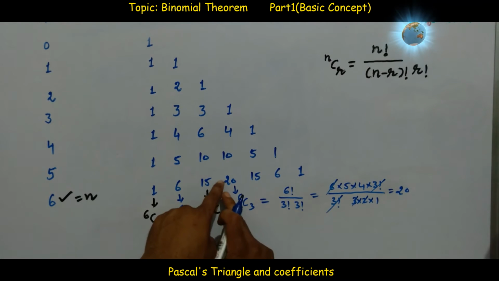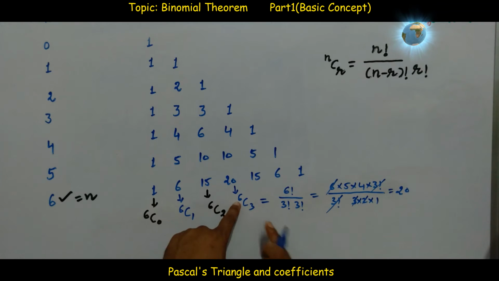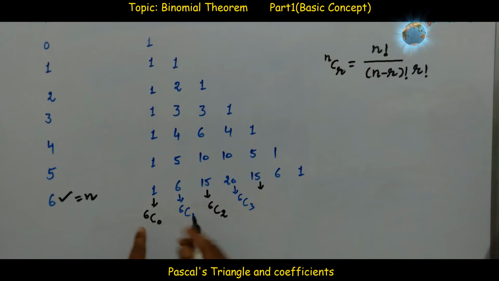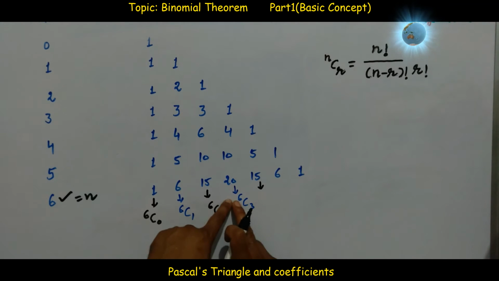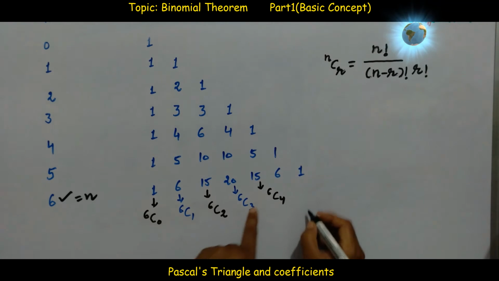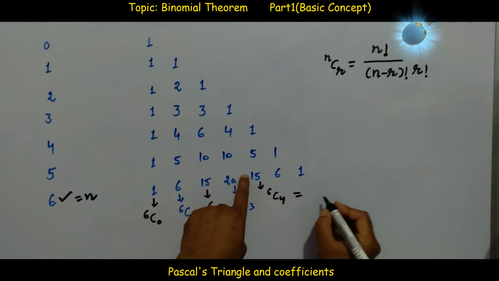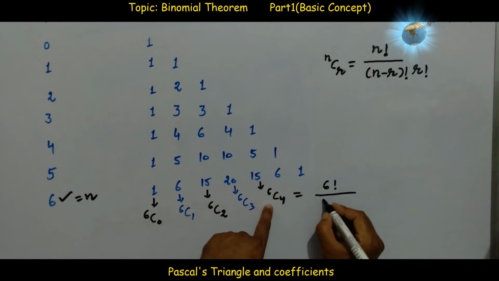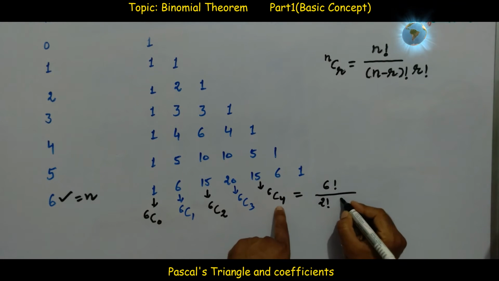Meaning to say, 20 can be written as 6c3. Now next is 15. According to this sequence, what should it be? 6c0, 6c1, 6c2, 6c3. It should be 6c4. Let us see whether the result is 15 or not. This becomes 6 factorial divided by 6 minus 4, which is 2 factorial, into 4 factorial.